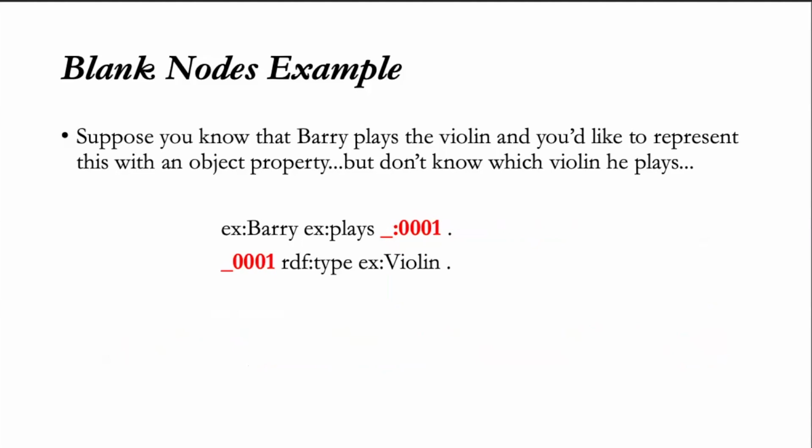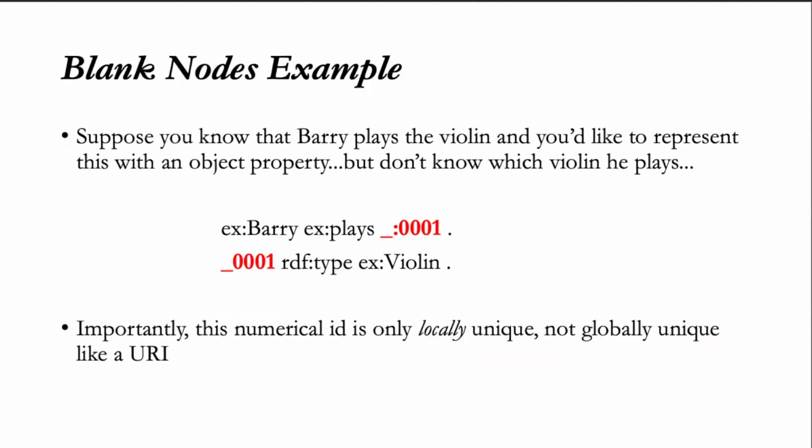It works like this. Barry plays underscore colon something, that's related to a violin: a blank node. This numerical ID is locally unique. It's important: it's locally unique, not globally unique like a URI. A URI is always identifying the same thing.